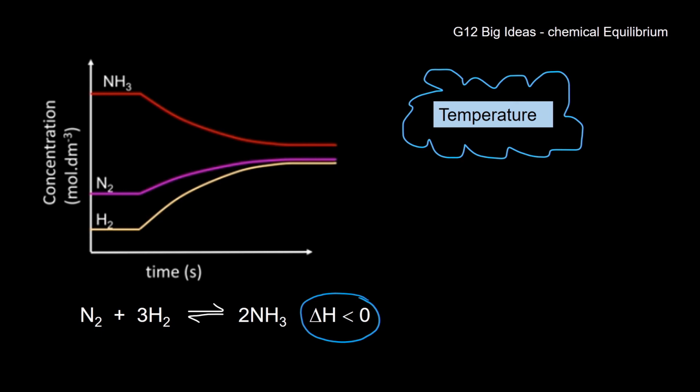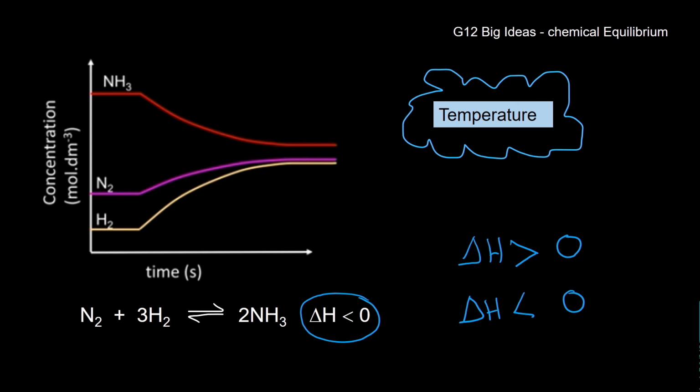We know that if delta H is a positive value, then the forward reaction is endothermic. If delta H is a negative value, then the forward reaction is an exothermic reaction. So exothermic is releasing energy, endothermic is taking in energy.